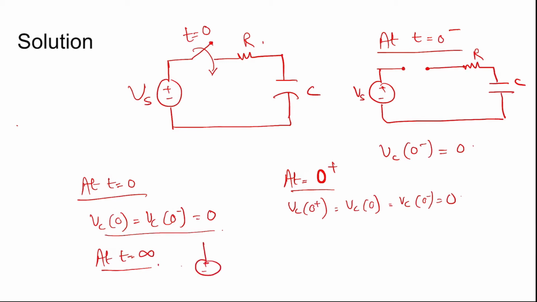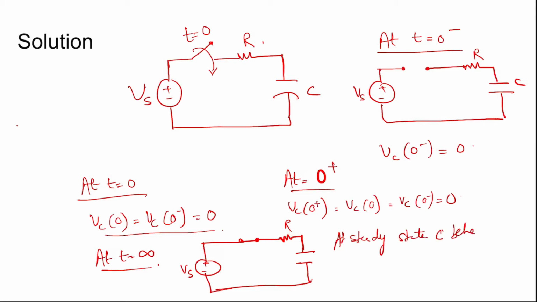At t equal to infinity, that is at steady state, the circuit will have Vs connected to R and C. Now at steady state, C behaves as an open circuit and all the charge will come here and the voltage developed will be the same as Vs, as this is open circuited.